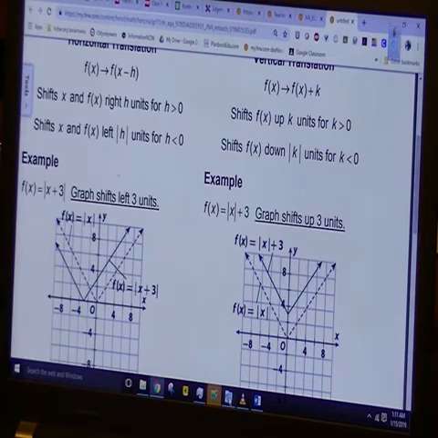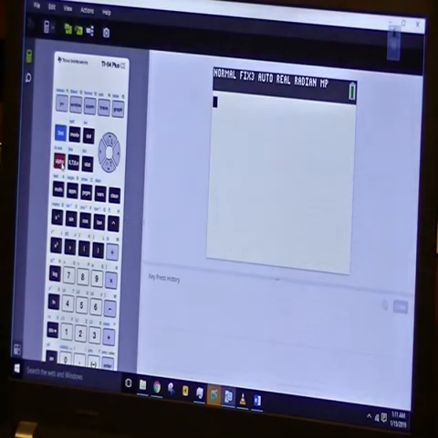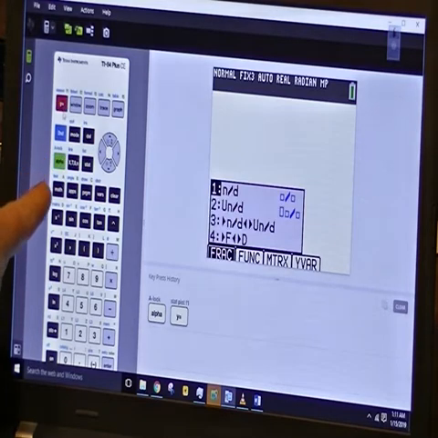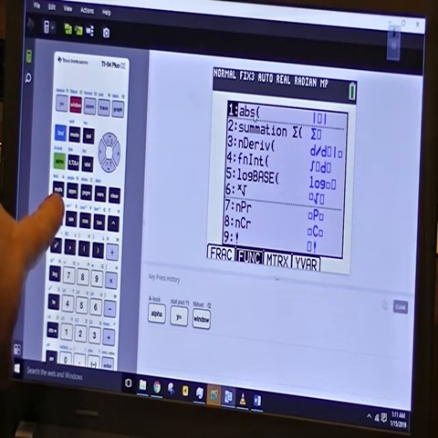By the way, on absolute values, where you find the absolute value bars on your calculator: hit alpha, y equals, not there. Let's go over to window, and there it is right off the top.